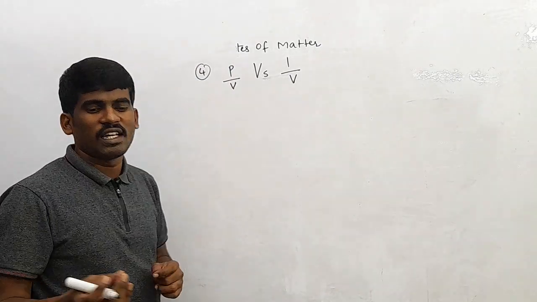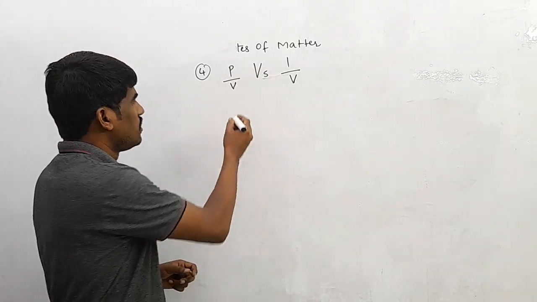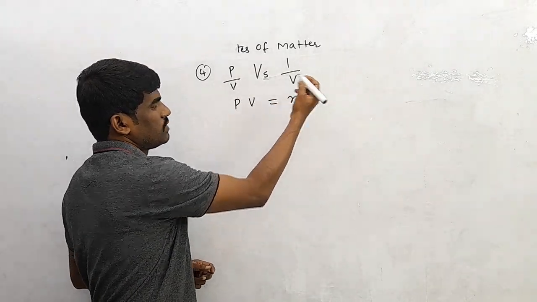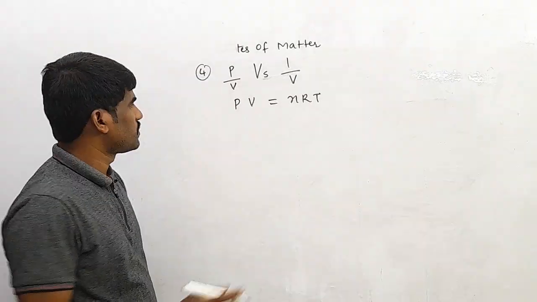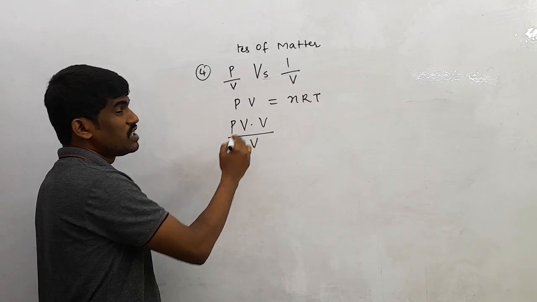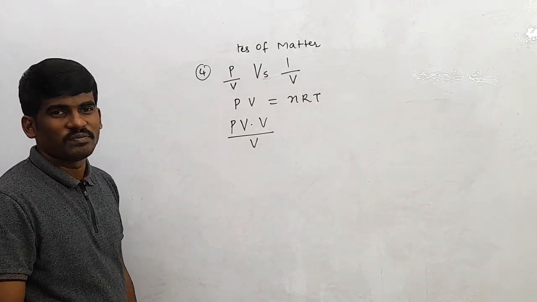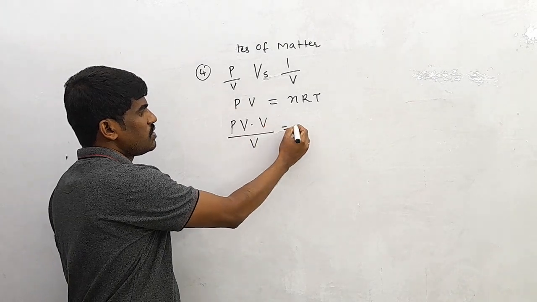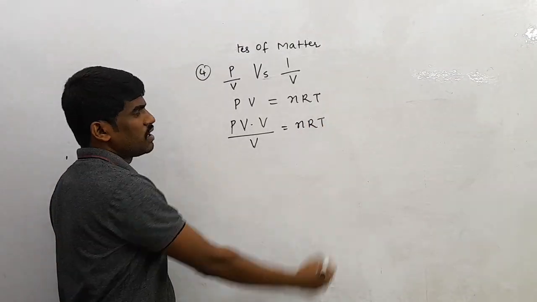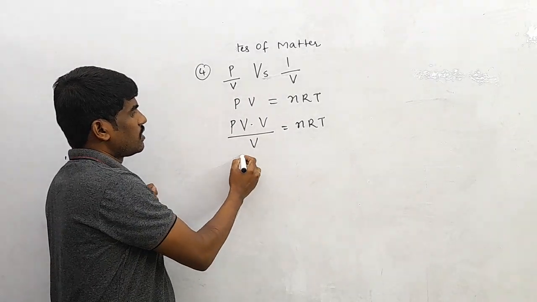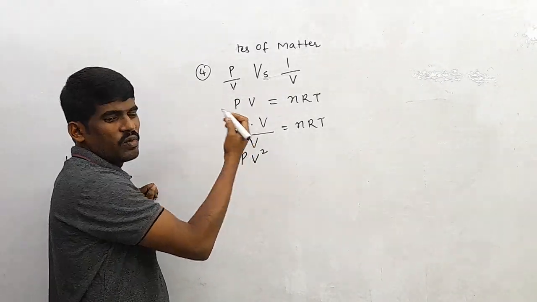PV is equal to nRT, we have it, right? What you must do is multiply with V and divide with V also. In that case, PV into V upon V is equal to nRT, we are going to get. This I can write as PV square.